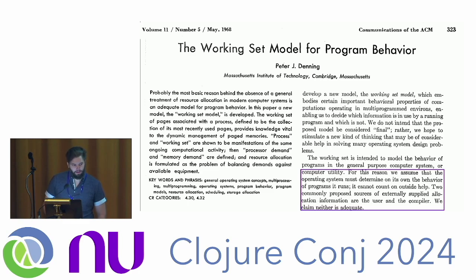It cannot count on outside help. Two commonly proposed sources of externally supplied help are the user and the compiler, and we claim neither is adequate. I don't mean to pick on this paper. They're talking about CPUs in a time-sharing operating system, so it does make sense. But when I read this paper, I wanted to challenge this because I didn't really believe the claims or the basis for why they were making this.